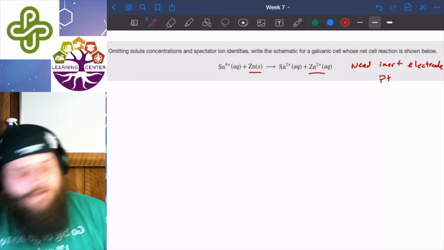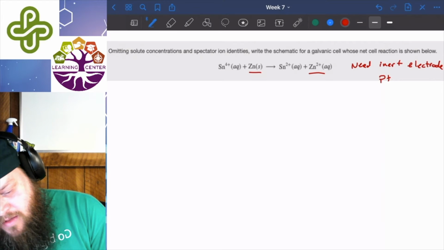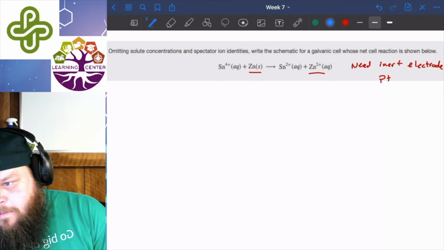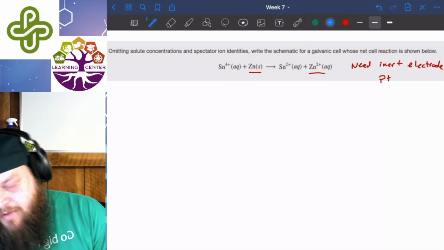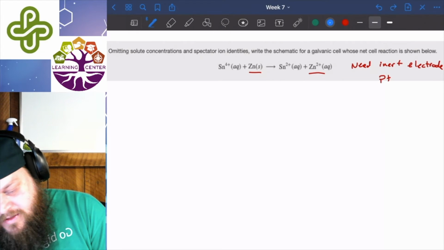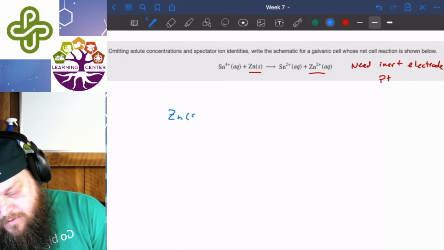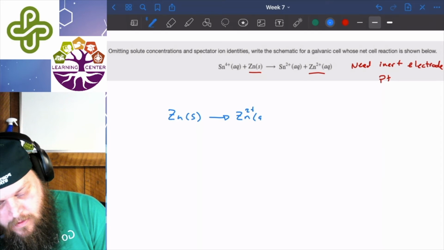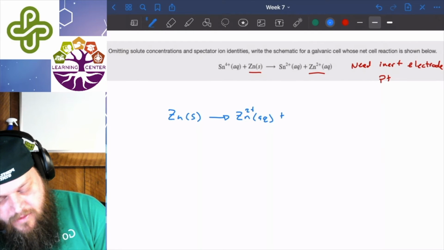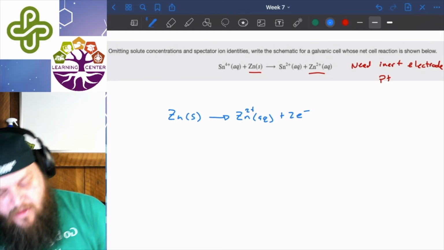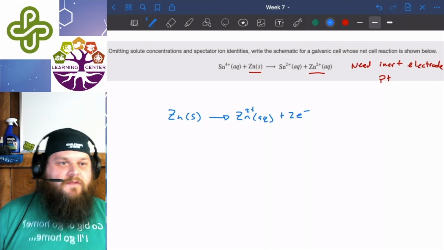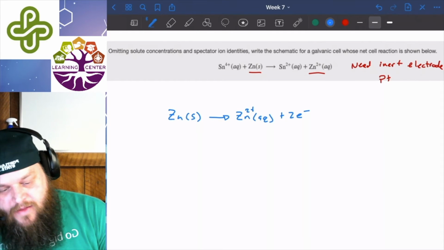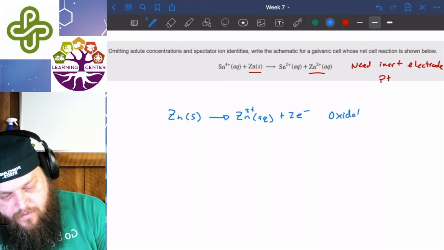So I'll write out the half reactions first. For the zinc, it goes from a solid and produces Zn2+ aqueous plus 2 electrons, balancing the charge on both sides. That's our oxidation, which is the anode.